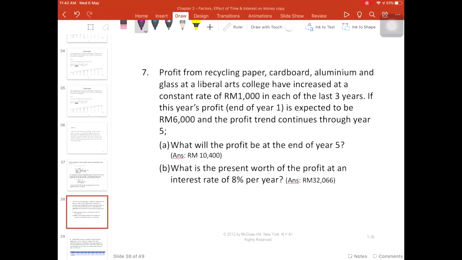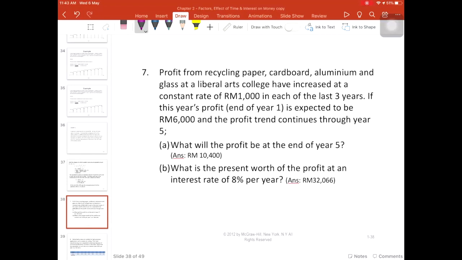So is the question asking for 1,000 or 1,100, sir? 1,000. Because the answer they stated 10,400, but if the profit we add 6,000 each year, we add 1,000, it will be 10,000 only at year 5. So which one? 1,100, correct.